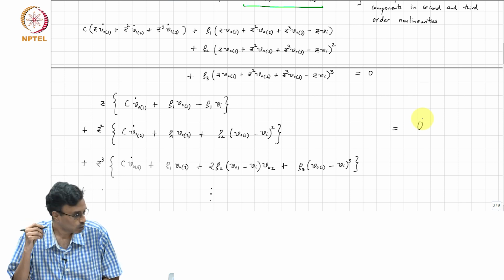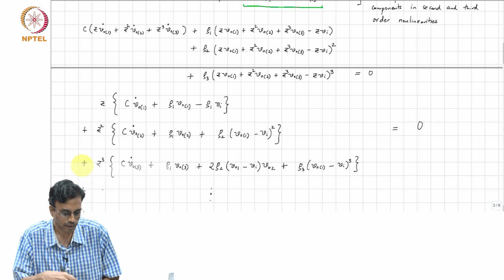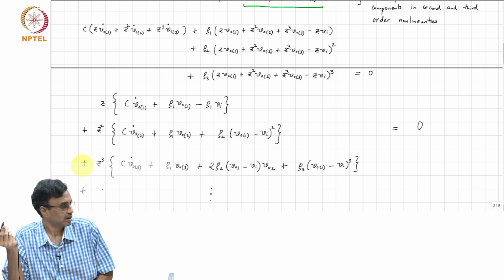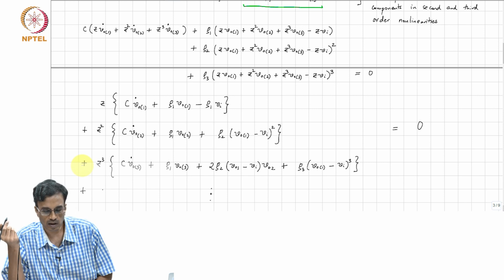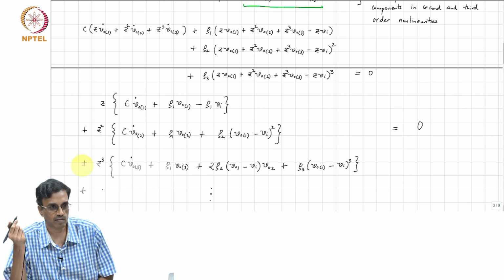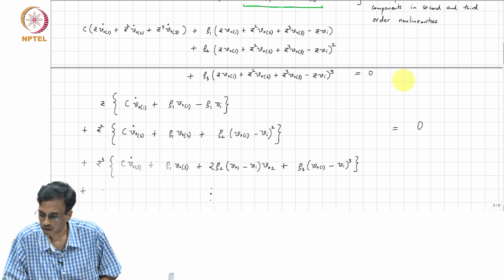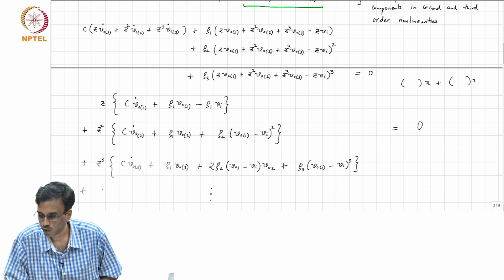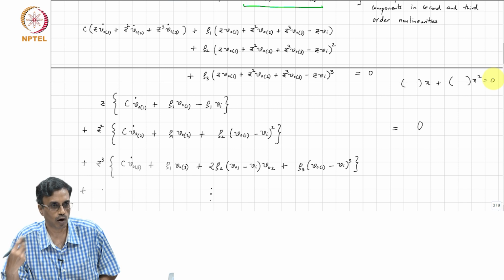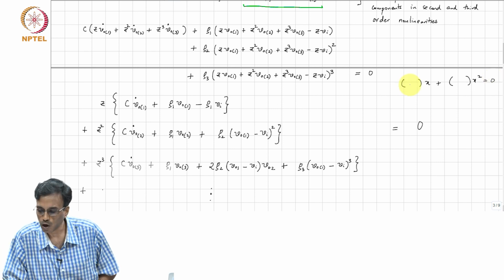Now, this must be valid for any value of Z. So, if that has to be true, what conclusion can we draw from this? If something into x plus something into x square is equal to 0 for all values of x, what comment can you make about this something and that something?